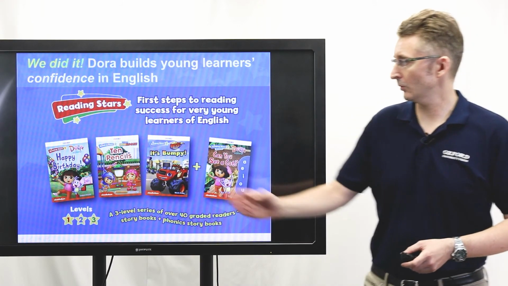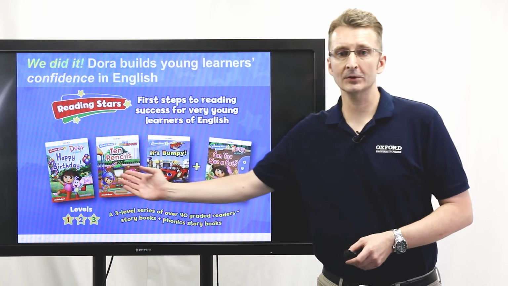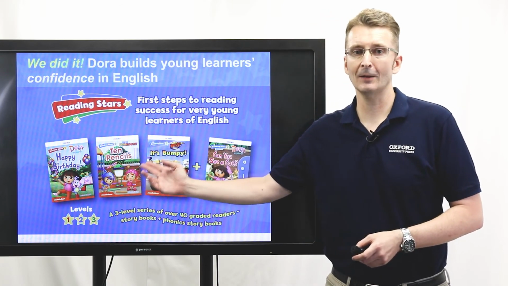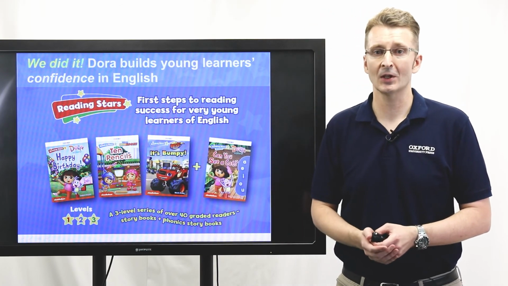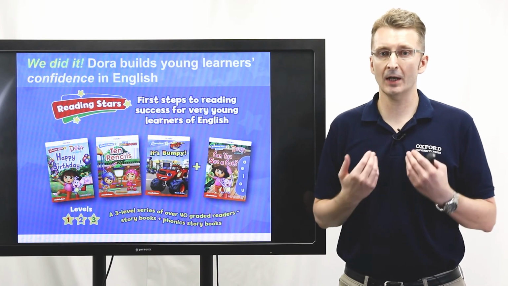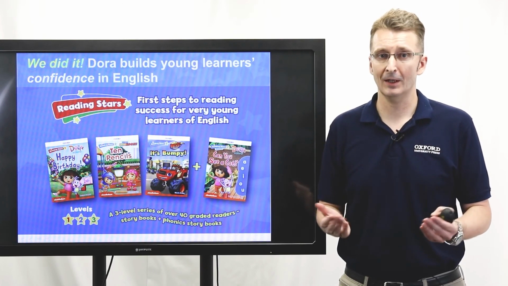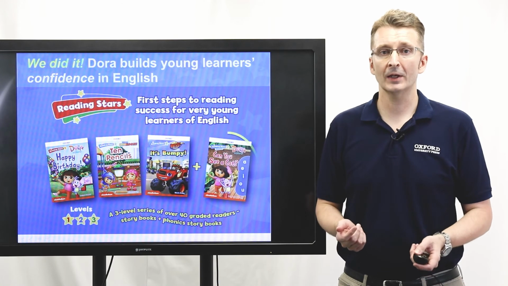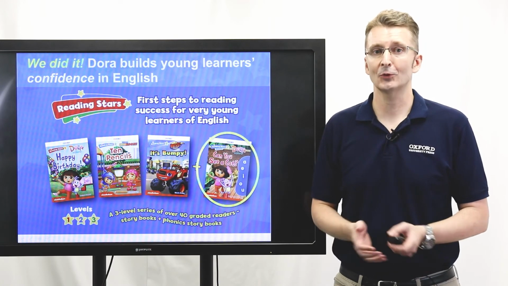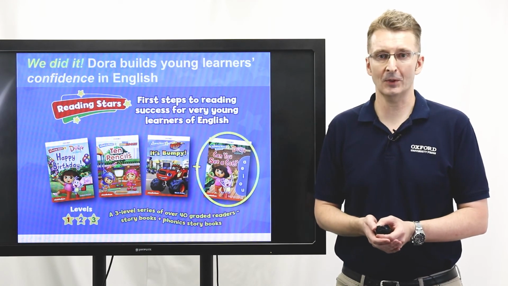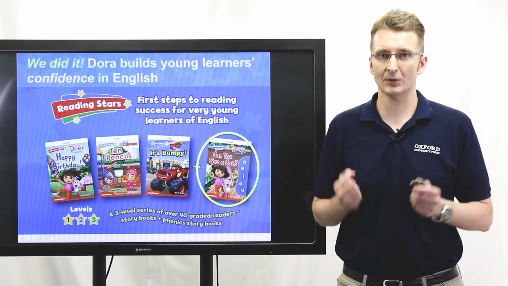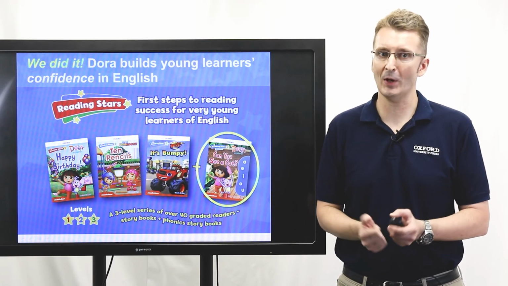We've seen the Dora storybooks, and we've also seen the Team Umizoomi and Blaze and the Monster Machine stories, which develop math and science skills, STEM, in a child-friendly way. Reading Stars also has Dora the Explorer phonics books to help young children get to grips with phonics in a fun way.